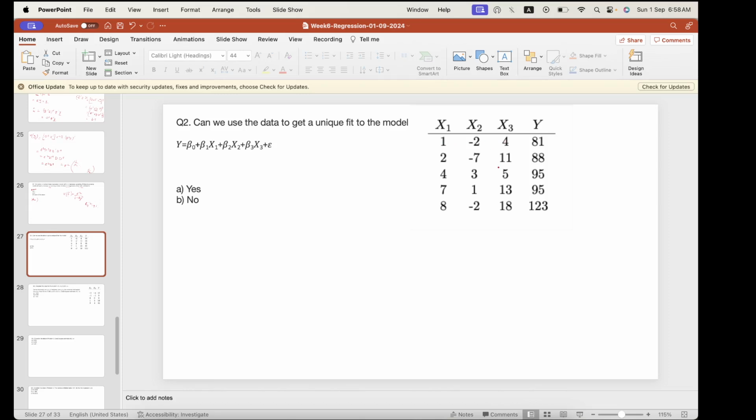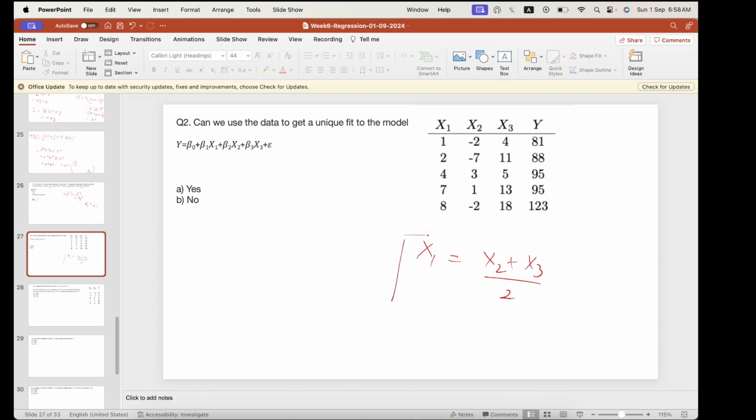If we look carefully, X1 is actually X2 plus X3 by 2. 4 minus 2 by 2, 1. 11 minus 7, 4 by 2, 2. 8 by 2, 4. 14 by 2, 7. 16 by 2, 8.